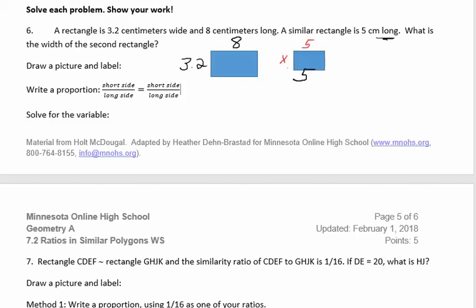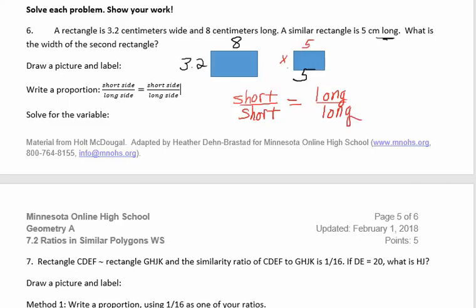When you write your proportion, make sure that you're plugging in short side over long side of one figure is equal to the short side over the long side of your other one. That's one way to do it. Another way to write the proportion would be short side over short side is equal to long side over long side. Both of these proportions will give you the correct answer if you plug them in correctly.